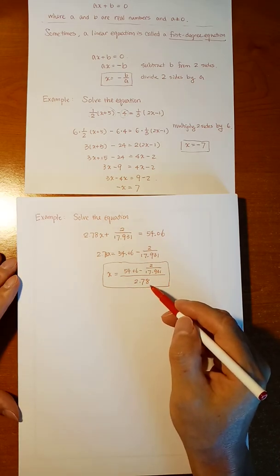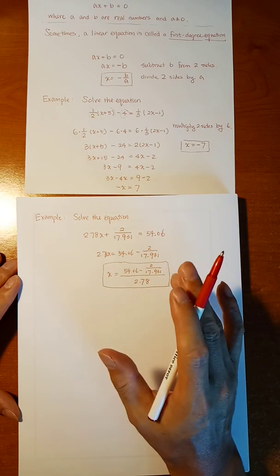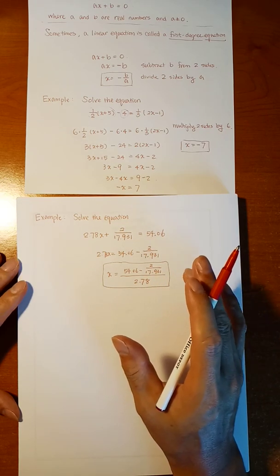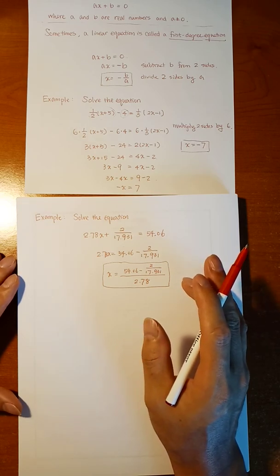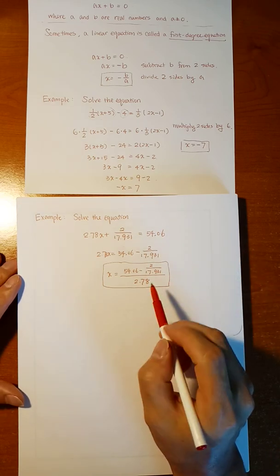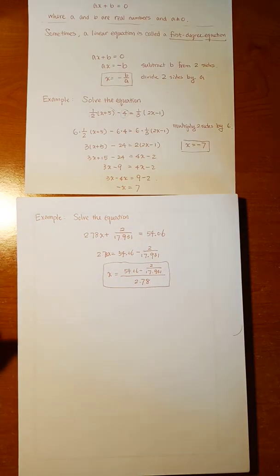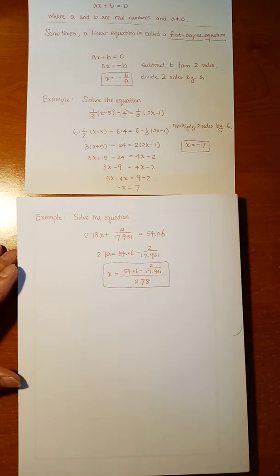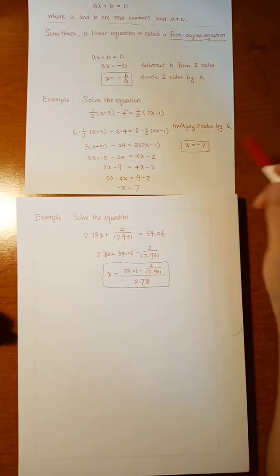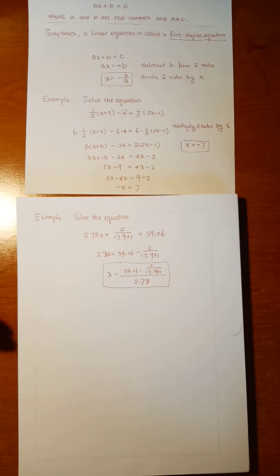It's acceptable. Any approximation, any truncated or rounded decimal numbers are not accepted. This one is the standard answer. But if you have integers, you're supposed to simplify it, either get a fraction or get another integer. All right?